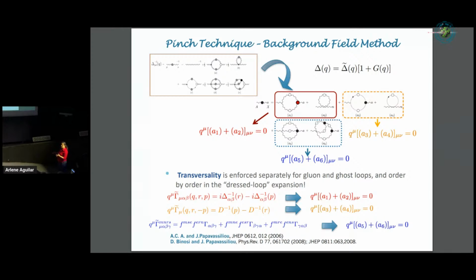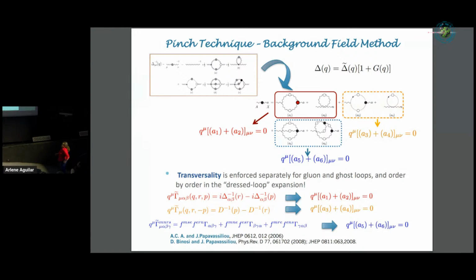So I have a way to truncate and improve my truncation consistently, including block by block, and see the effect of each block without spoiling the transversality. And this is so because the vertices that have this little circle here, which are the background vertices, respect Ward-Takahashi identities.